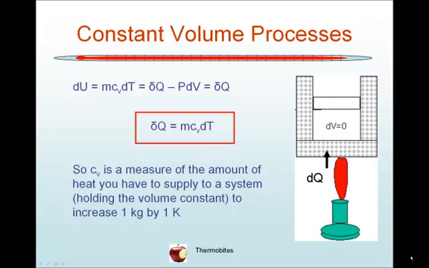As we can see in the illustration on the right, we have a piston where the volume is not allowed to change, and so changes in the internal state are simply related to the amount of heat that we add. So Cv is a measure of the amount of heat you have to supply to a system when you hold the volume constant to increase its temperature by 1 Kelvin for 1 kilogram of the substance.